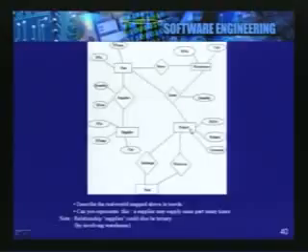Then we have different projects and we have warehouses. The parts are stored in different warehouses and projects need these parts, and these parts may be supplied to projects from different warehouses. So it's possible that a part P1 is given to a project from a warehouse W1. The same project may get the same part from another warehouse also.